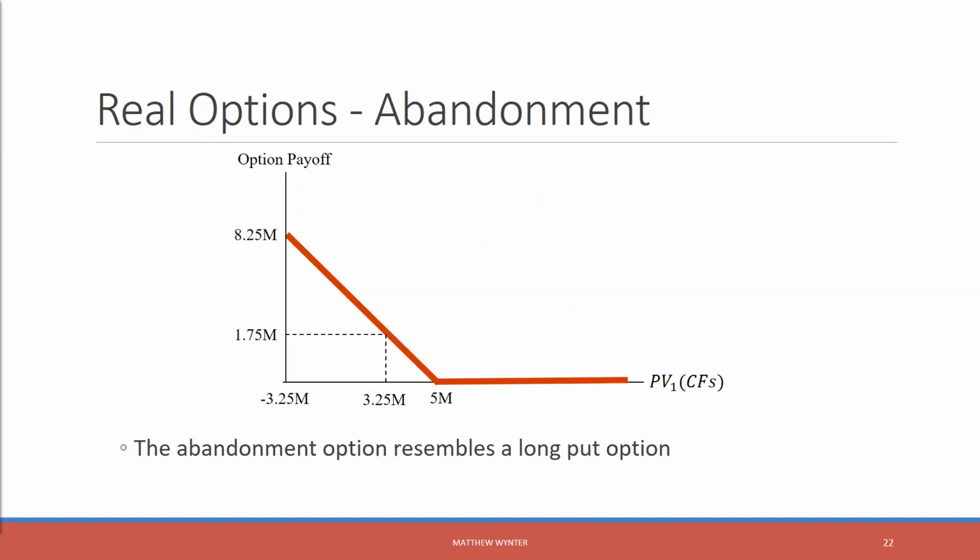And because we get to sell for $5 million, we know that for a put option, the payoff is going to be K minus ST. Well, our strike price is $5 million, and our ST, our underlying value of operations, will be negative $3.25 million. So that's how we get our expected payoff of $8.25 million.